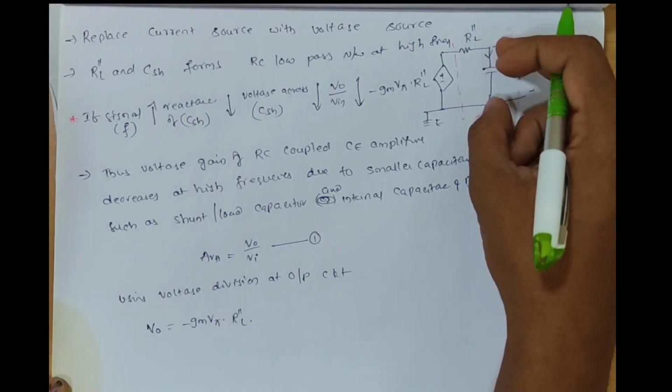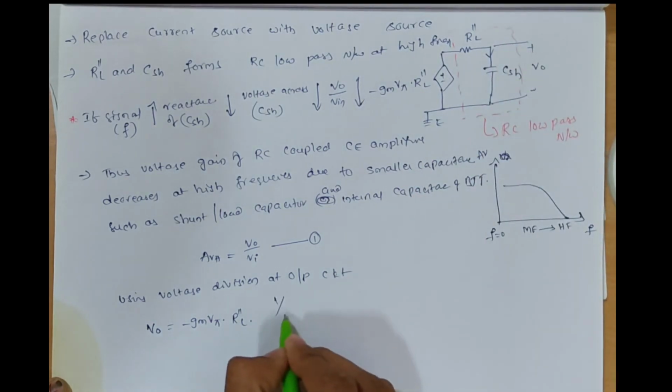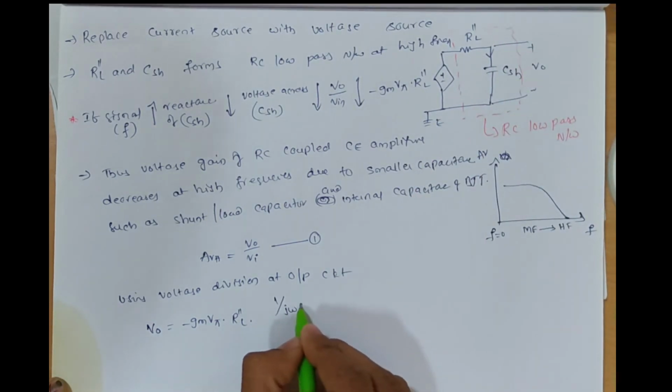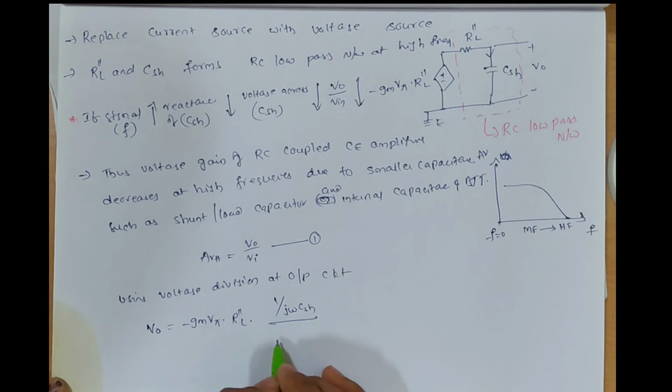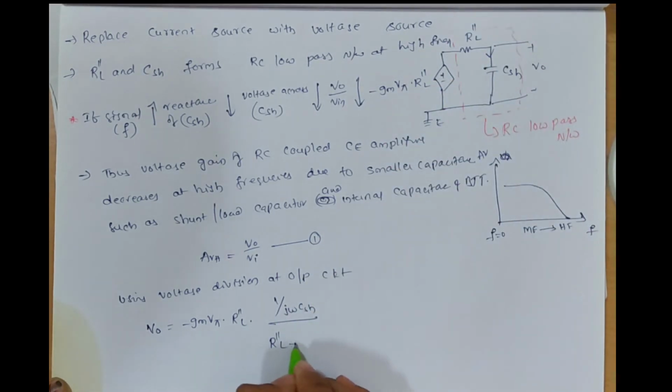The opposite resistance or impedance is nothing but 1 by j omega CSH, by the total impedance, which is nothing but R double dash L plus 1 by j omega CSH.